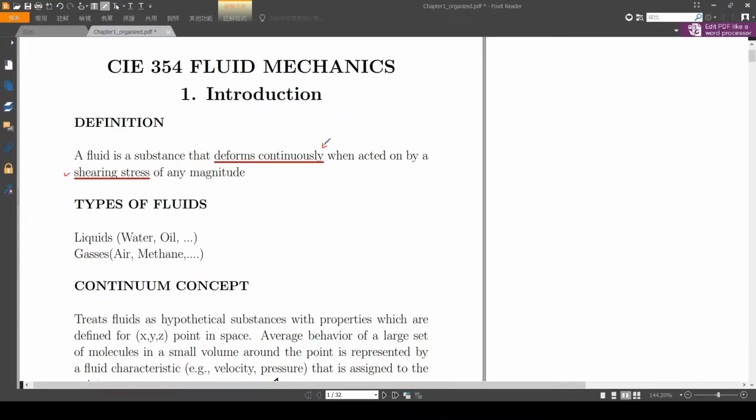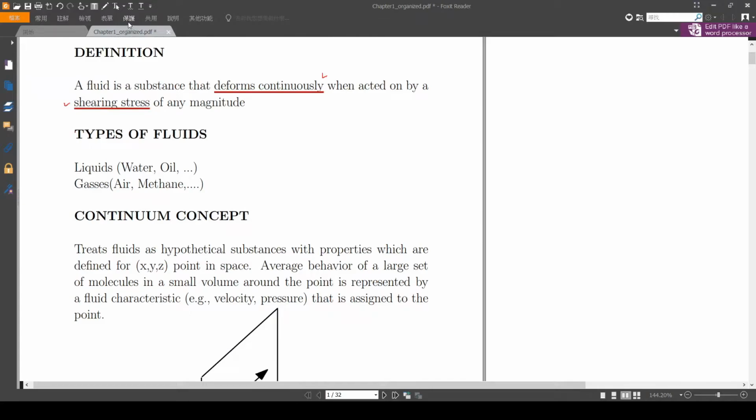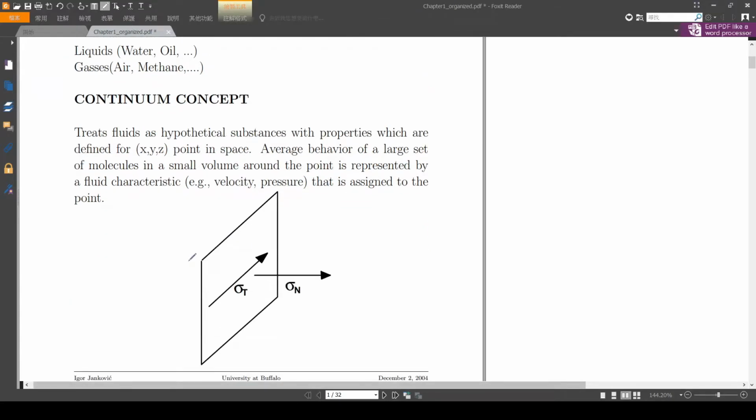A shear stress is created whenever a tangential force acts on a surface. So let's look at the figure here below. The figure below here is about the surface that we talk about. So maybe you can imagine that this is a cube.